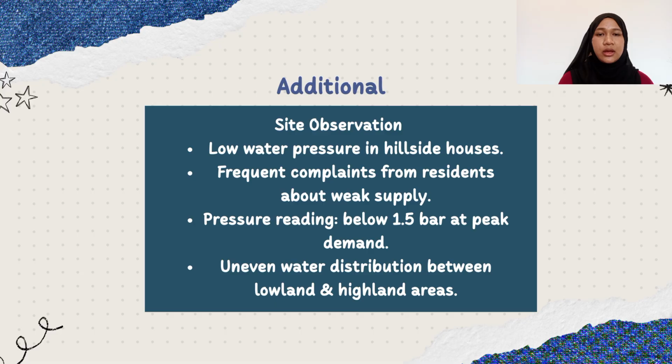Houses in lowland areas receive stronger water supply, while houses uphill receive very weak pressure. This site finding clearly supports the analysis in the case study. They prove that hydrodynamic principles like the Bernoulli equation, continuity, and head loss directly explain what happened in real water distribution systems.